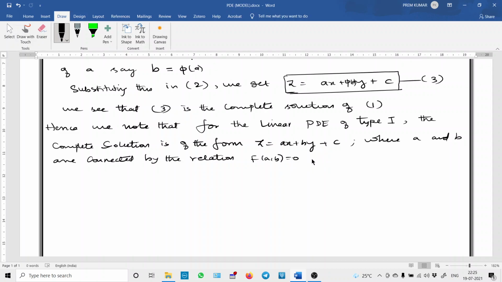That is, we can find b in terms of a, or we can find b as some function of a. Here a and b are arbitrary constants.